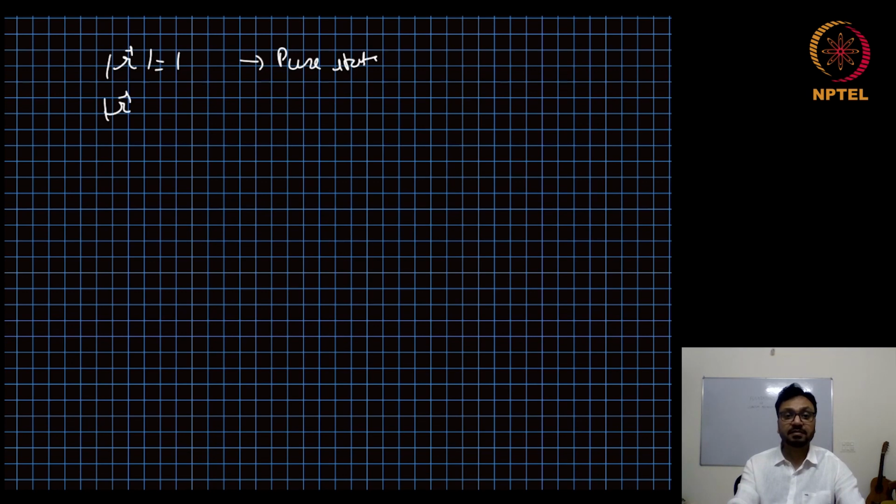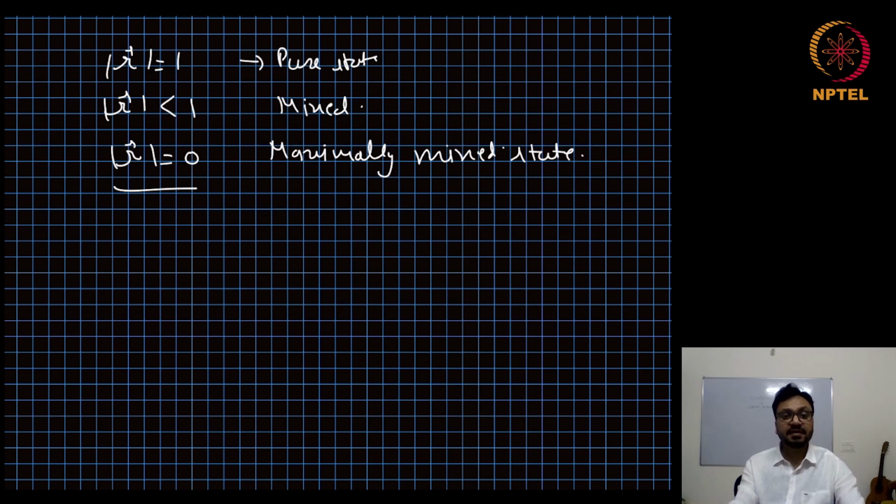When the r vector mod is less than 1, it's a mixed state. And when the r vector mod is 0, it's a maximally mixed state. So the length of the vector r can be a measure of purity.